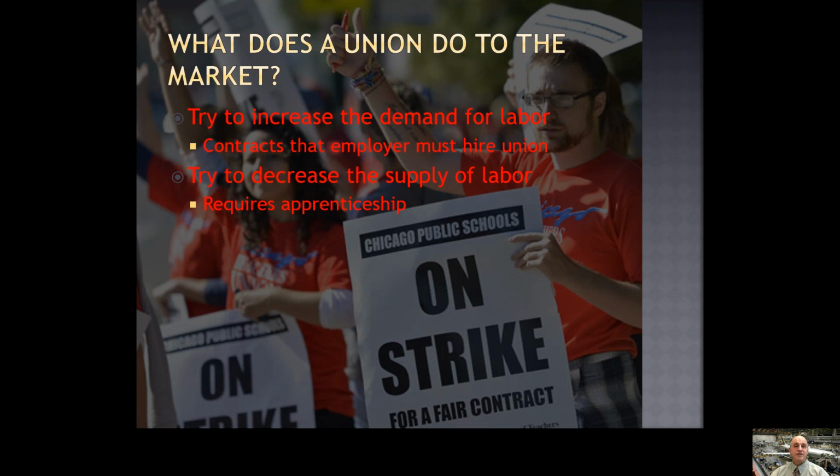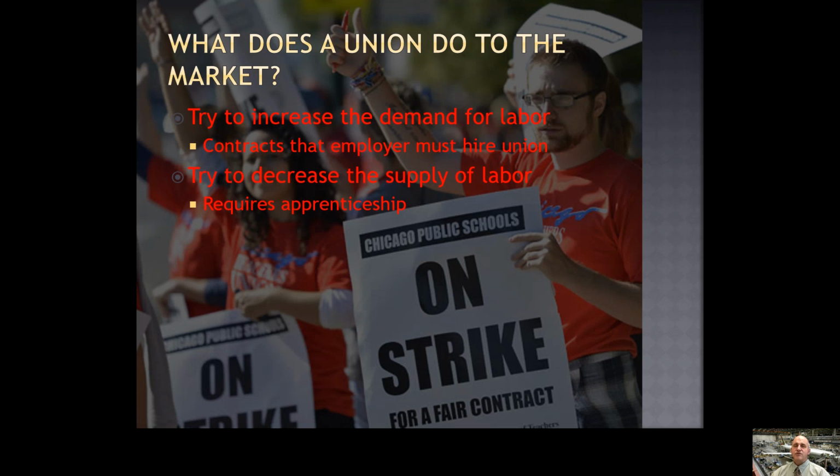There are places in which employers are required to hire union workers. So the unions will negotiate a contract and they will negotiate for higher wages. If they don't like that contract, they'll go on strike. And all of a sudden the employer has no workers. So the power of the union lies within the strike.